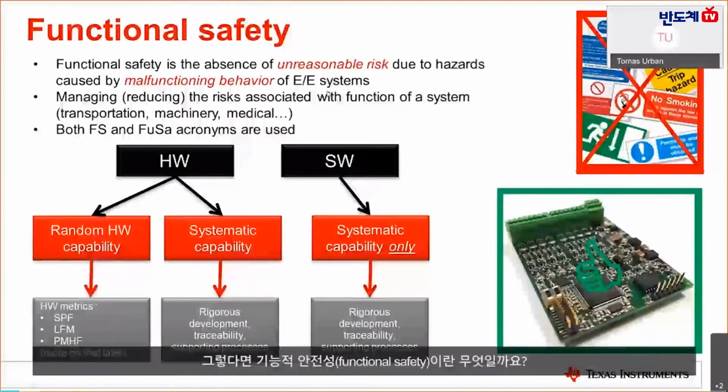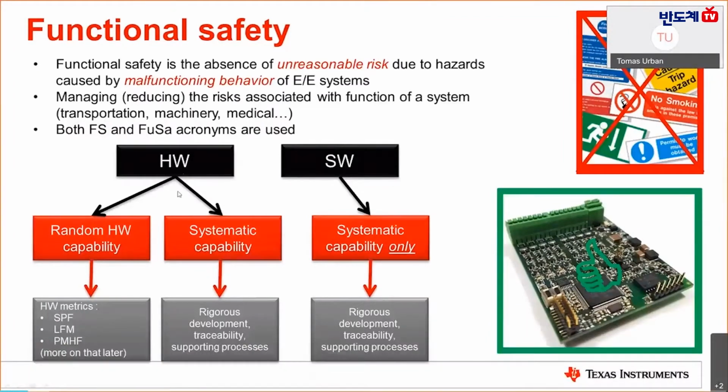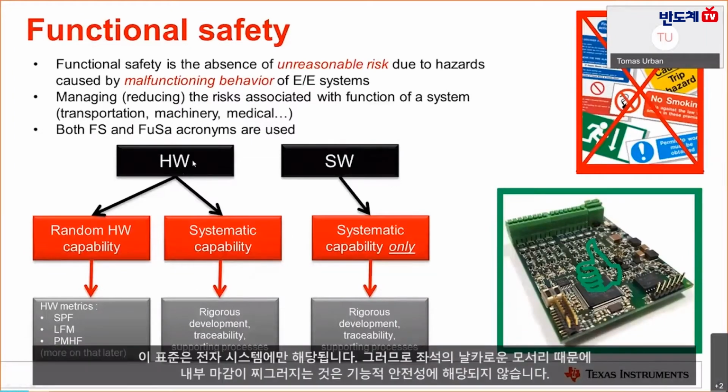So first, what is functional safety? Functional safety is any kind of event that could happen in association with the function of the device or the system. The basic standard for automotive safety is ISO 26262, and you may be aware of that.